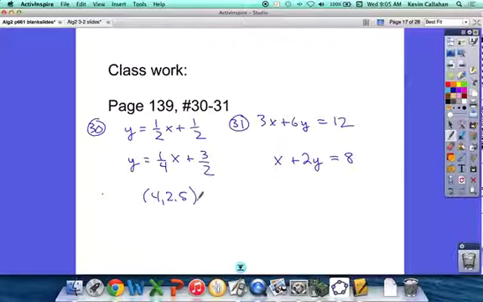What do you have to do before you can put it in the calculator? You've got to solve for y.